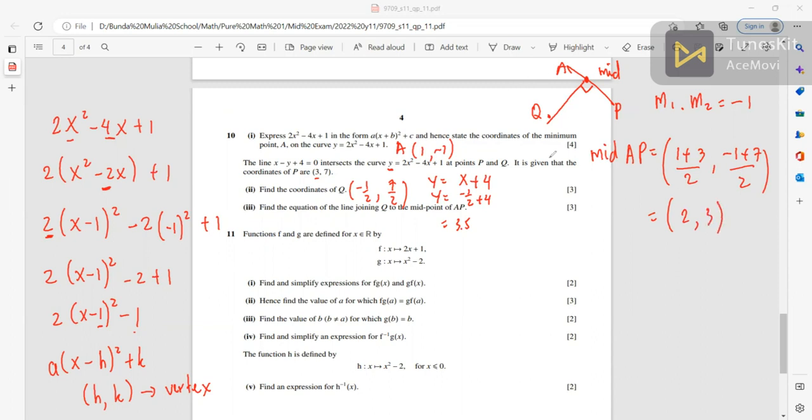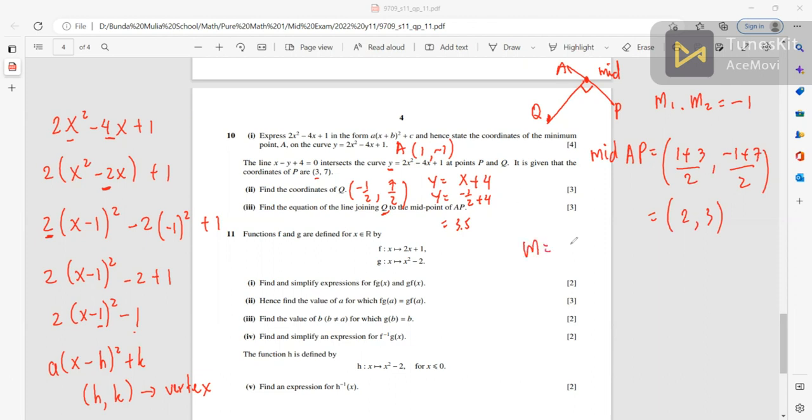So we have the midpoint (2, 3). So we can find the gradient from Q to the midpoint. From Q, it is minus half.